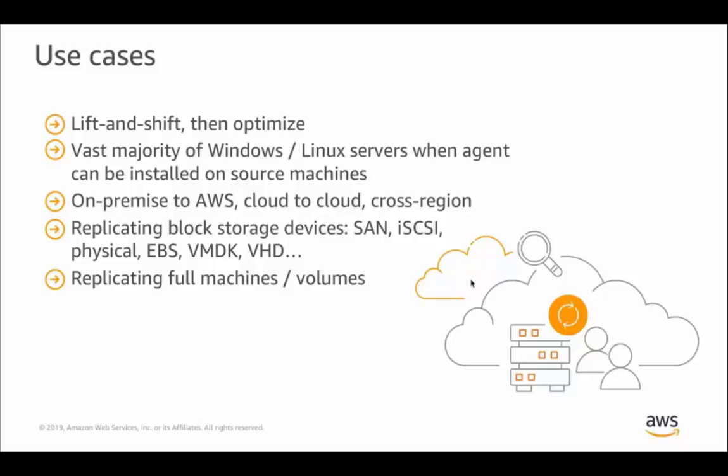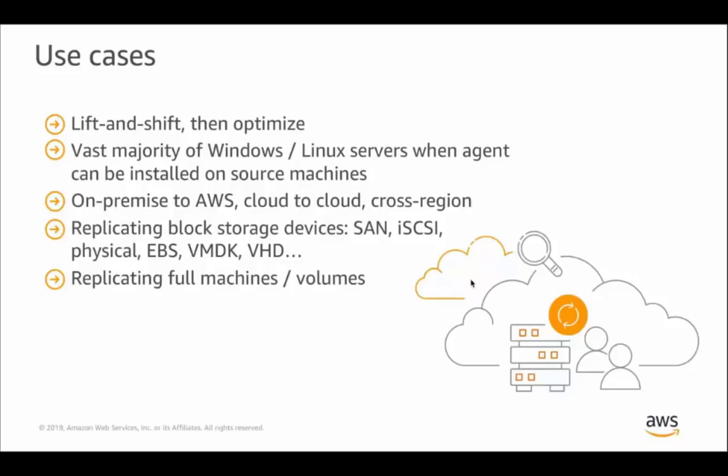And talking about where we can migrate from and to, so CloudEndure can support migrations on premises to the cloud, from any other cloud to the AWS cloud, as well as cross region. So we talked about disaster recovery. You can migrate from one AWS region to another AWS region, or for disaster recovery purposes, you can be in a continuous replication mode from one AWS region to another AWS region.